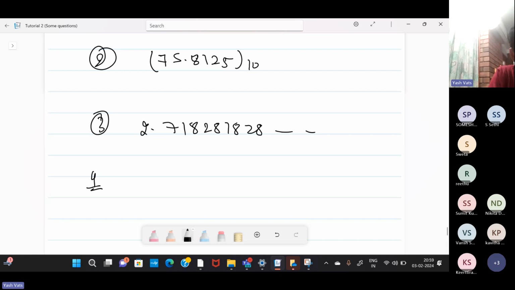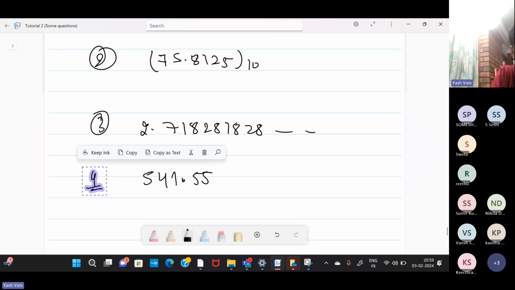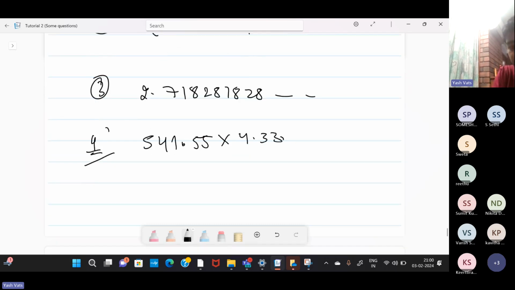The fourth question is again the same type of question that we have discussed: 541.55 into 4.33. You just multiply this number and chop off or round off.